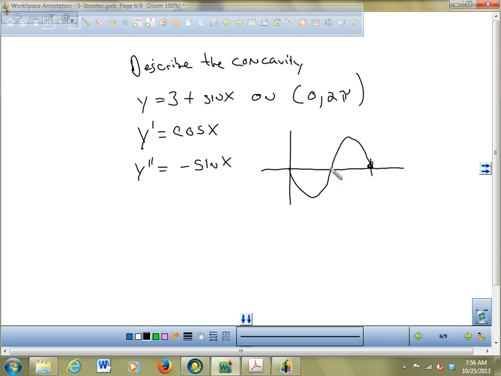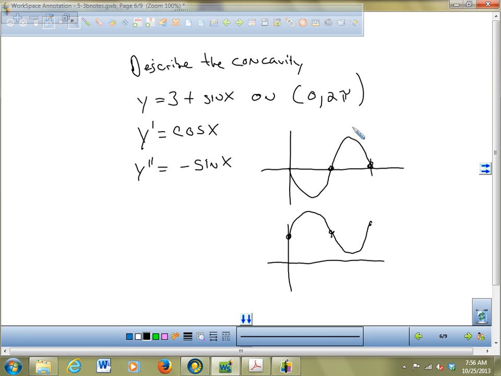Okay? So this graph describes the concavity of this function, which is 3 plus sine of x, a sine function that starts up here, goes down and goes back up. So according to this, concavity is negative from here to here.